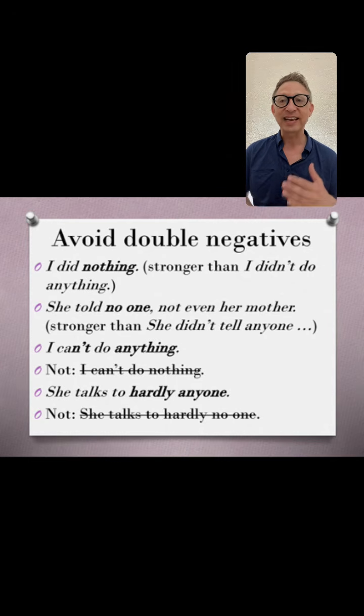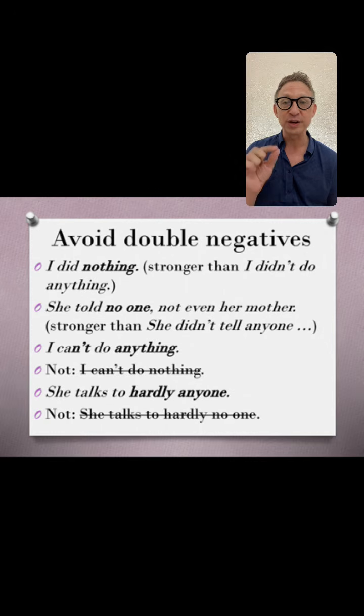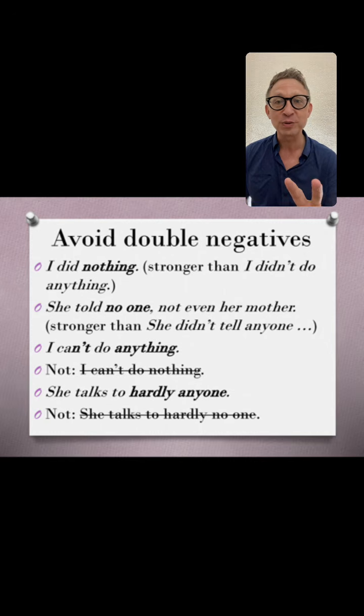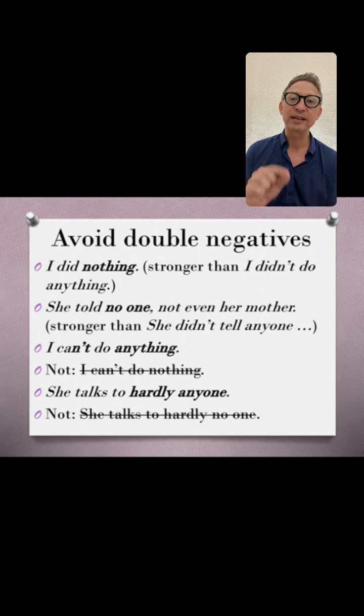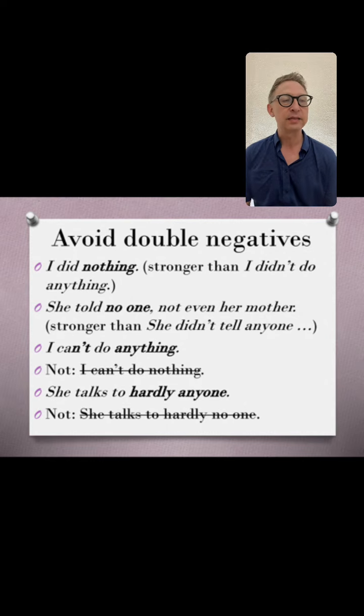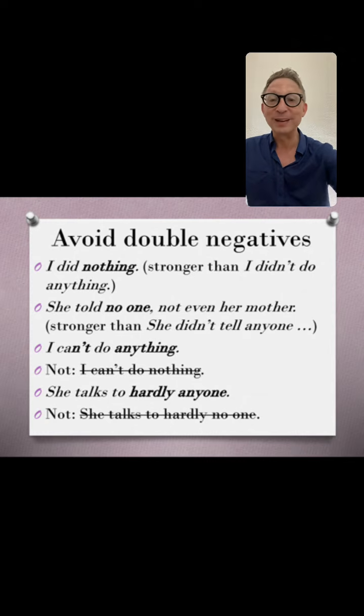We cannot say I can't do nothing because not and nothing are two negatives, and in English we can't have that. So I can't do anything, and interestingly, hardly functions as a negative here. She talks to hardly anyone. You can't say hardly no one. That is informal and incorrect English, all wrapped up into one.